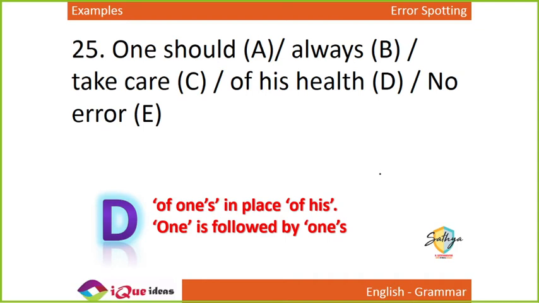Another example: the child was crying because he lost his toy is wrong. You should say the child was crying because it lost its toy. Generally people say "it" is for animals, but no. A child is gender neutral as a subject. So you can't use he or she there. You have to use it, which is also gender neutral. So using the same funda, one should always take care of one's health.